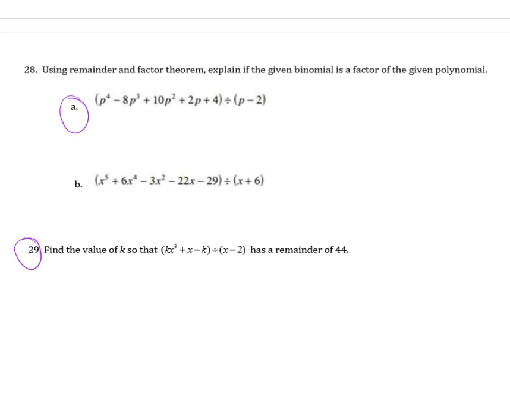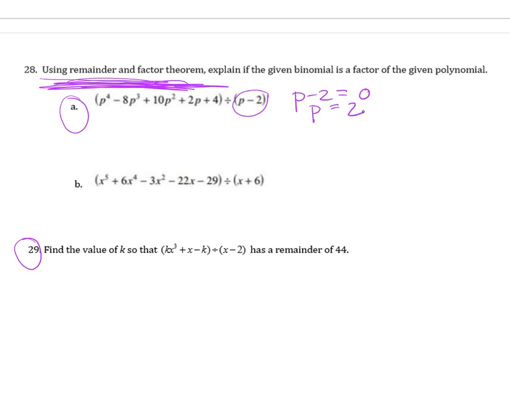Okay, for 28, using factor and remainder theorem. So you can't just use synthetic on these. Explain if the given binomial is a factor of the given polynomial. So I have a 4th degree polynomial and I'm trying to divide it by this, and I want to find out, is this a factor? And I can only use the factor and remainder theorem. That means we're going to plug in the root of this binomial, so p equals 2.